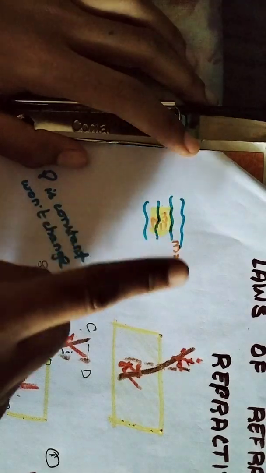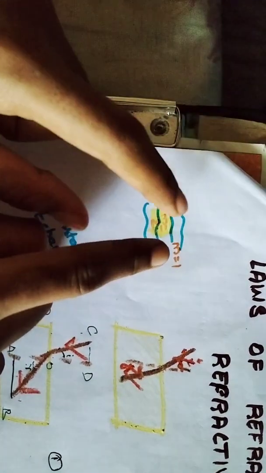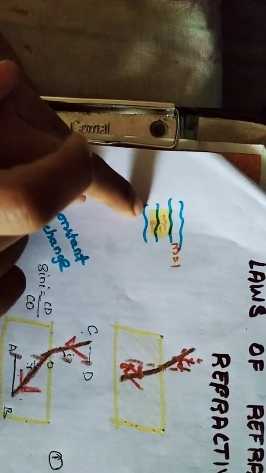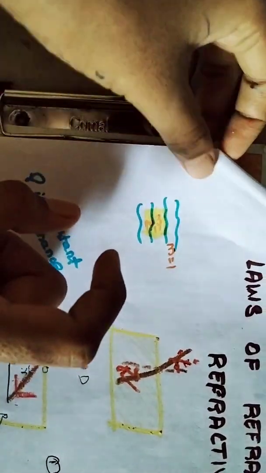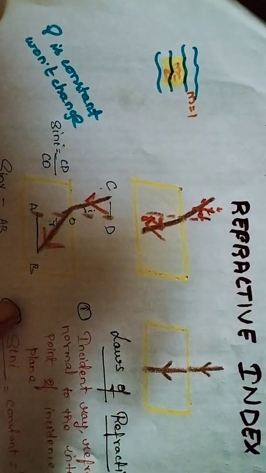If this is the condition, any other medium except air outside, then it is not absolute refractive index, it is called relative refractive index. So what is the difference between absolute and relative refractive index? You should be clear with that concept.